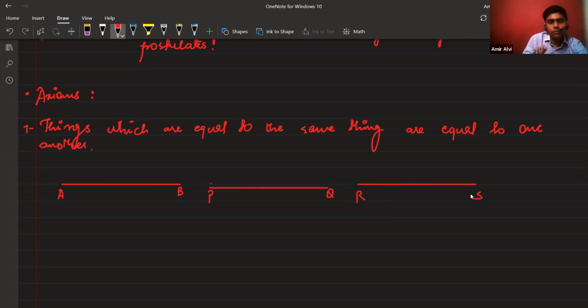AB is equal to PQ, and PQ is equal to RS. So AB will be equal to RS according to this axiom. Is this clear, Simrat? Is there anything which is not clear in this axiom? No. It's a simple one.